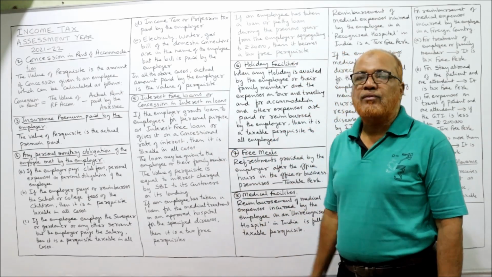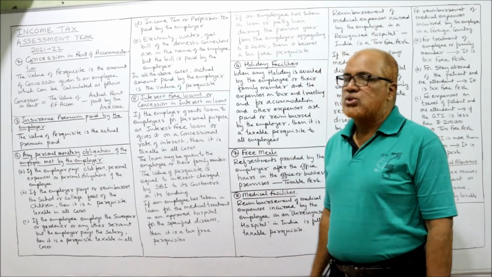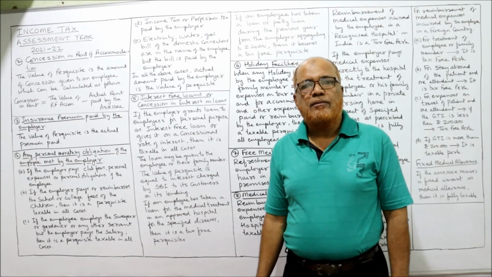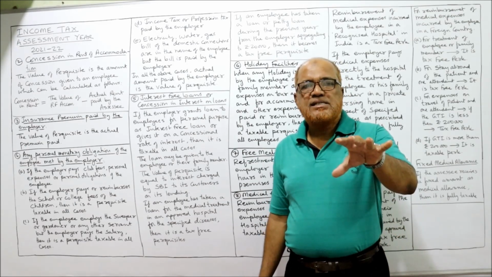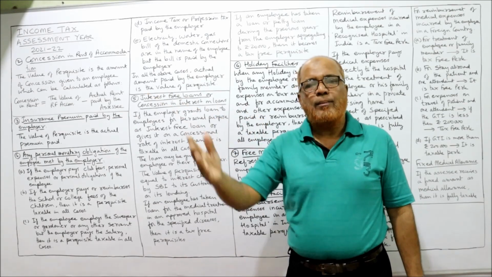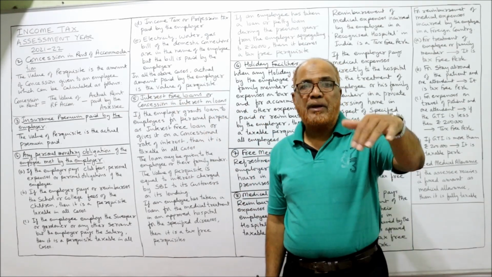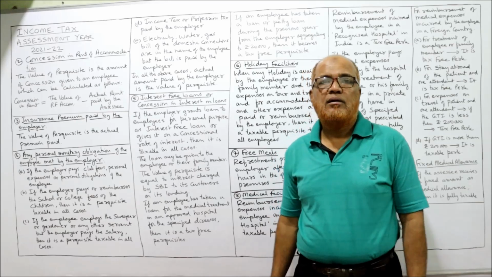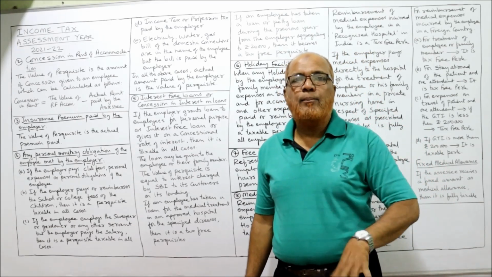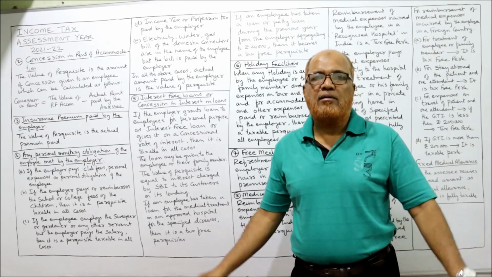Now, next, the fifth one. Interest-free loans or concession in interest on loan. Sometimes an employee is taking a loan from the employer. If an employee takes a loan from a bank, the employee has to pay interest to the bank, right? Sometimes the employee will take the loan from the employer without any interest.